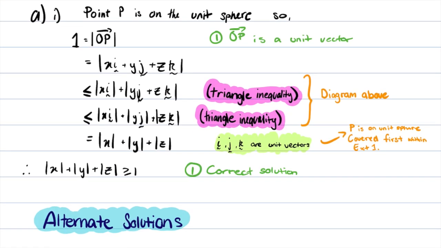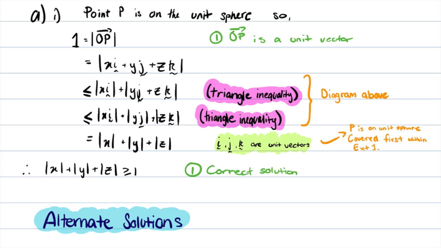We can then rewrite this in saying that this is less than or equal to the magnitude of xi plus the magnitude of yj plus the magnitude of zk, once again from our triangle inequality.